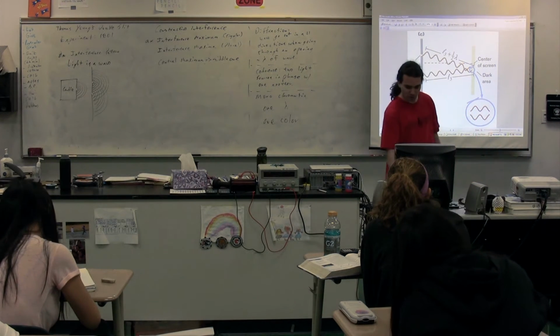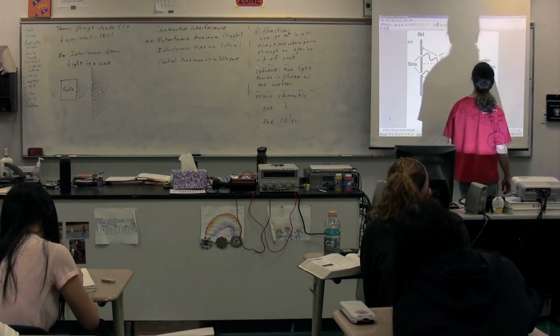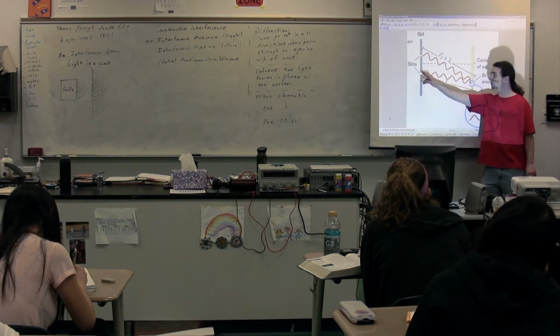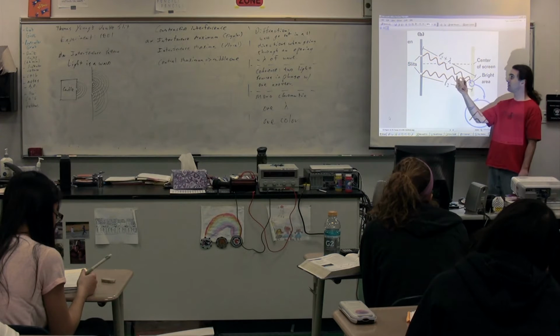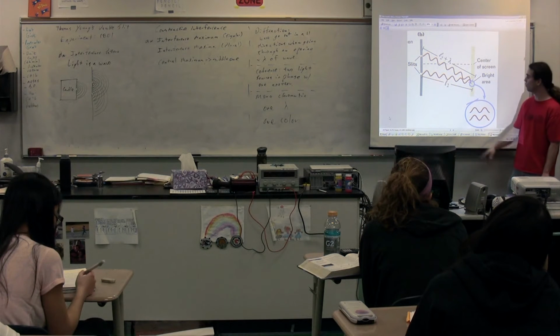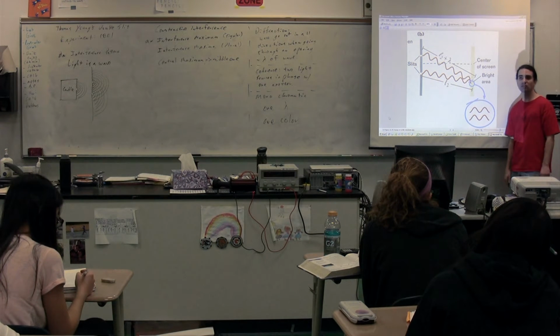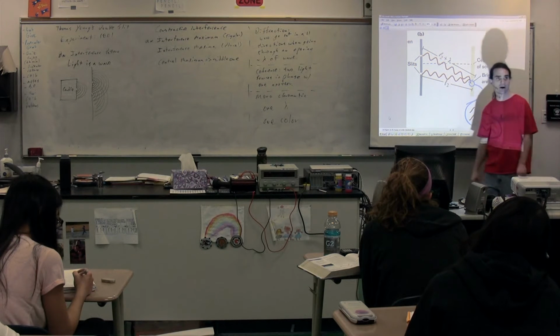Going down to the first bright spot below the central maximum, the length traveled by the two rays from the slits has a difference of one wavelength. Well, we know one wavelength difference is going to give us constructive interference or a bright spot.